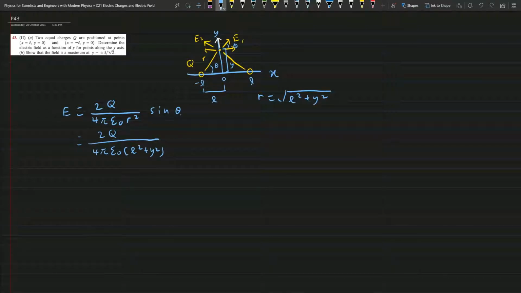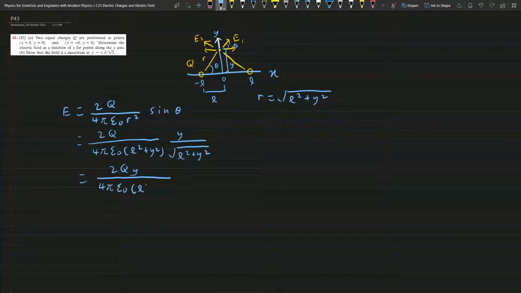And now sine theta is given by the opposite, which is y, over the hypotenuse, which is r. So E equals 2qy over 4 pi epsilon times L squared plus y squared to the power 3 over 2. And I think this is the answer for A.